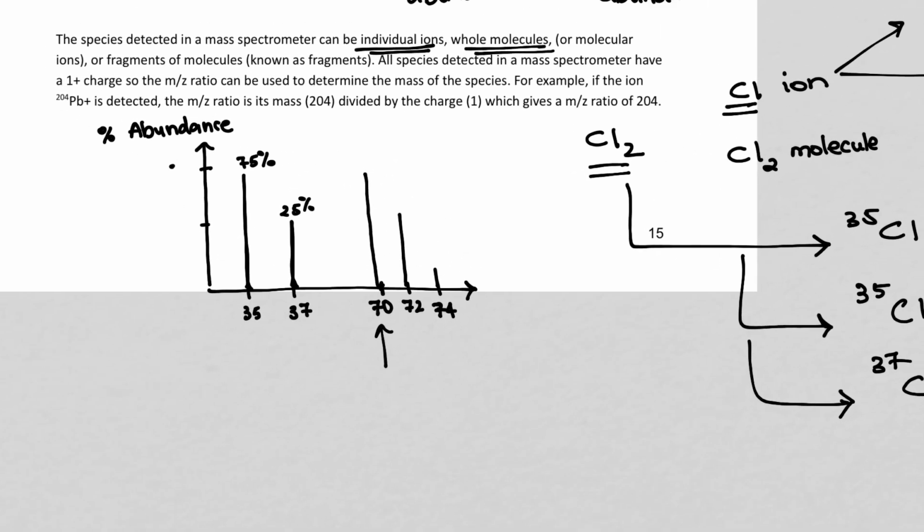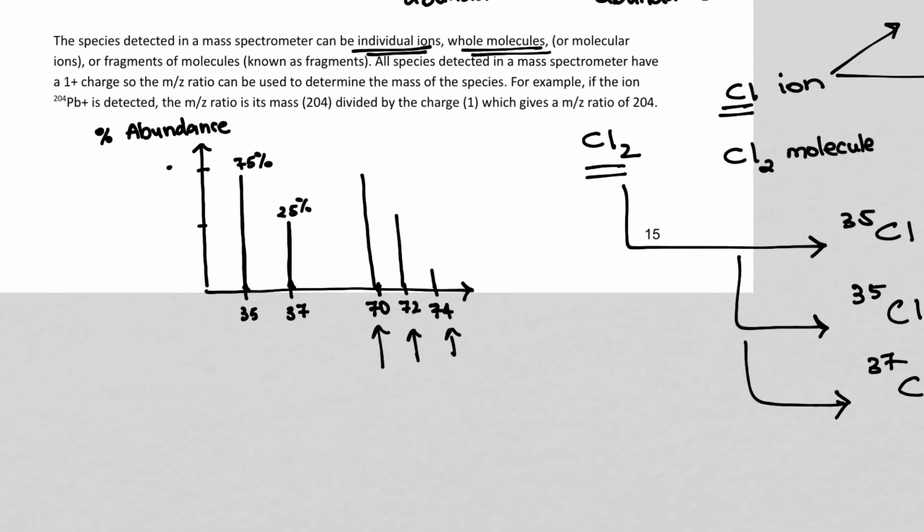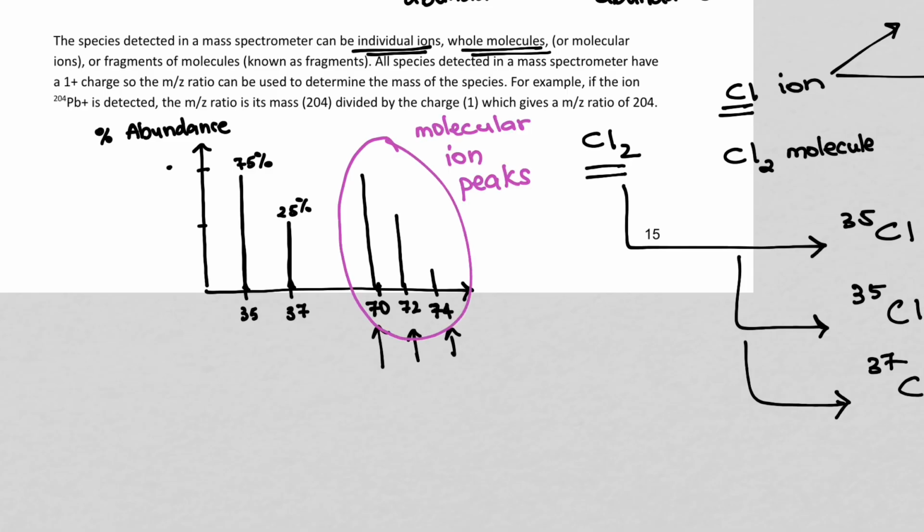So these ones here are molecular ion peaks. Molecular ion peaks. And the molecular ion peaks are usually at the end of the spectrum. It's the one with the highest m/z values.